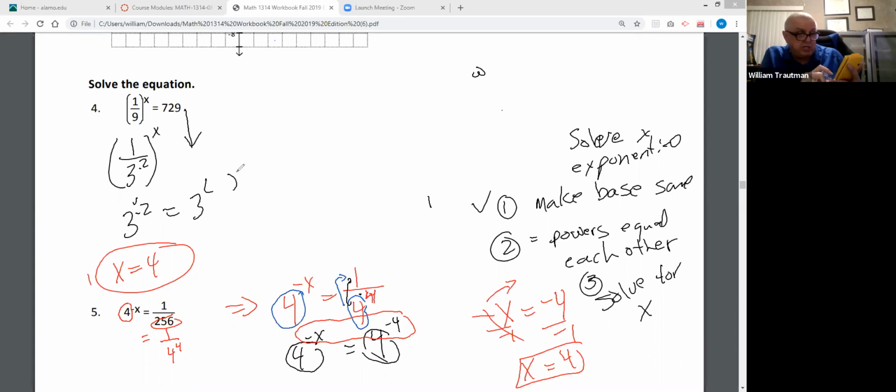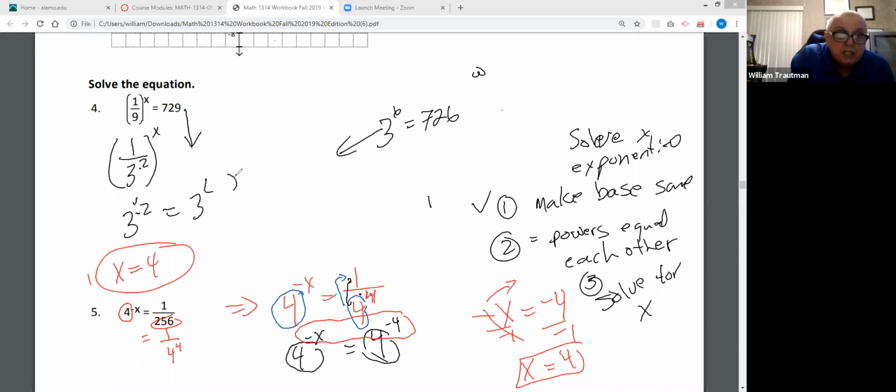That didn't work. 3 raised to the 6th power equals 729. So do you see 729 equals 3 raised to the 6th power? We didn't have to flip anything. It was on top already, so we didn't have to change the sign. So step 1 is done. The bases are the same.